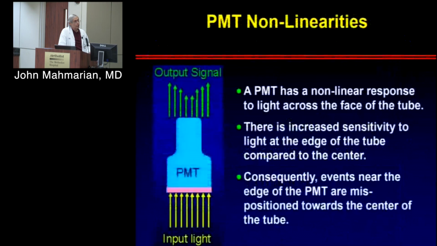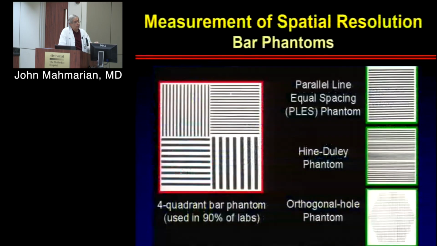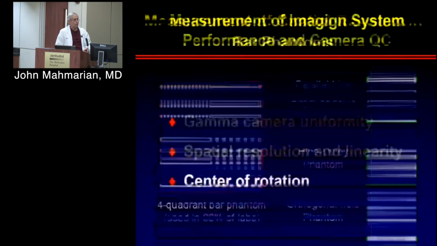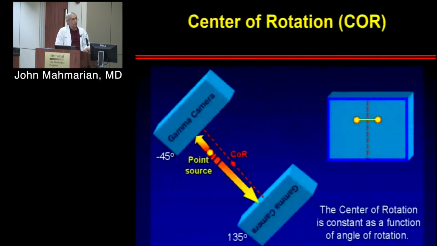Spatial resolution, we generally measure using bars and phantoms, and we look for being able to discriminate between various lines, very similar to the line pairs that are used in CT. And center of rotation is kind of a unique thing to nuclear, because remember we have rotating gamma cameras, and if they're off center, when you do a back projection, you will get distortion.